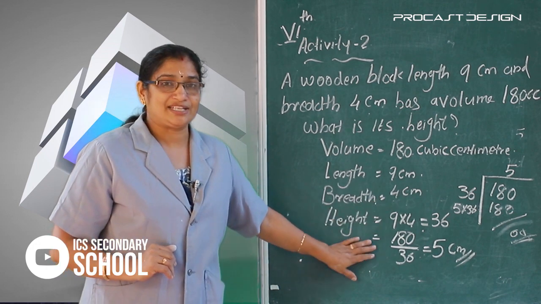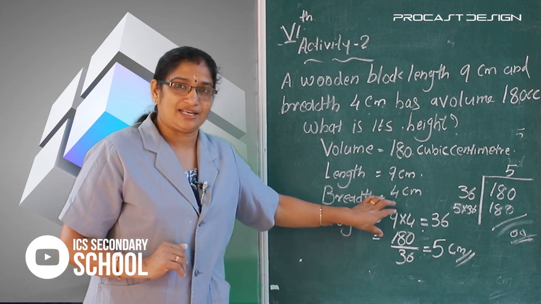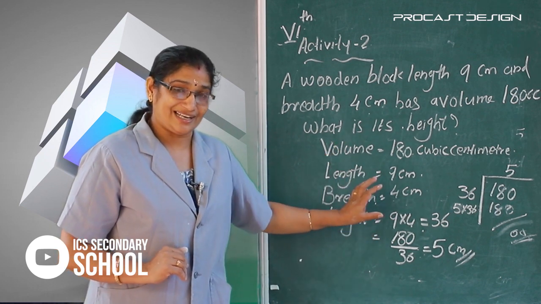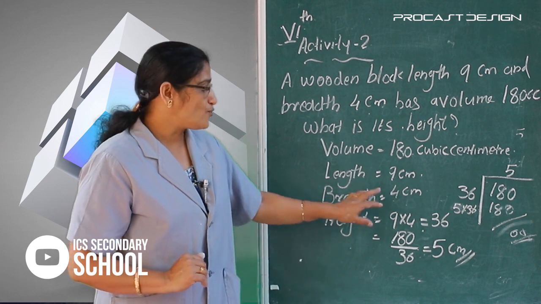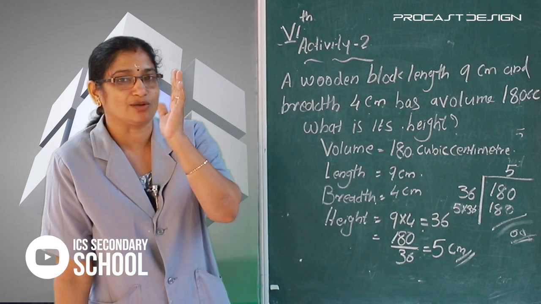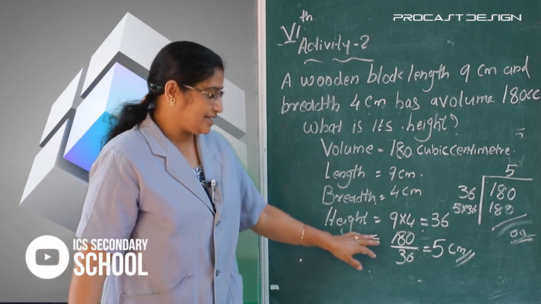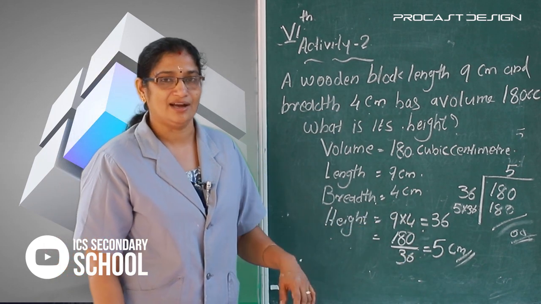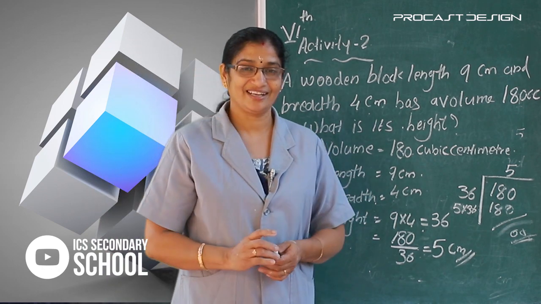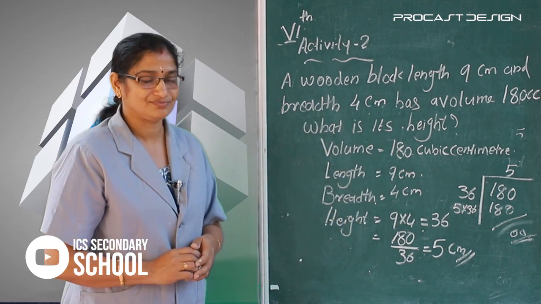The volume 180 divided by length into breadth 36: how many times? 5 times, and height is 5 centimeter. Okay, write down in your notebook.